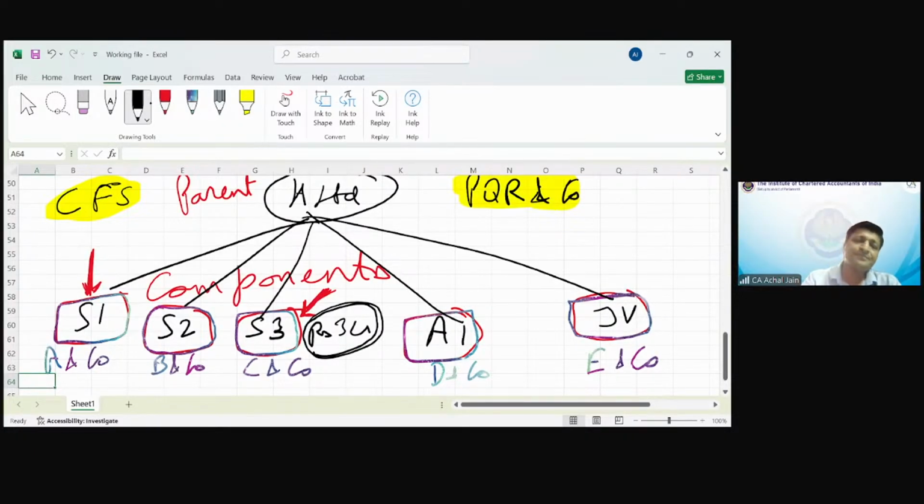Okay. In this case, what may happen is, when the auditor of S3, C&E, audits S3, C&E is not looking at CFS. This component auditor is not looking at CFS. Yes or no? Yeah.